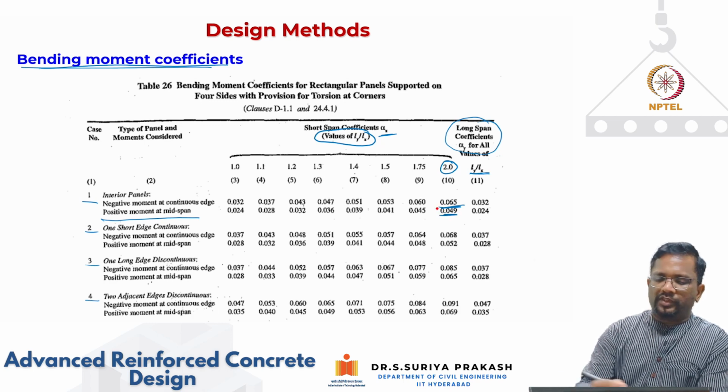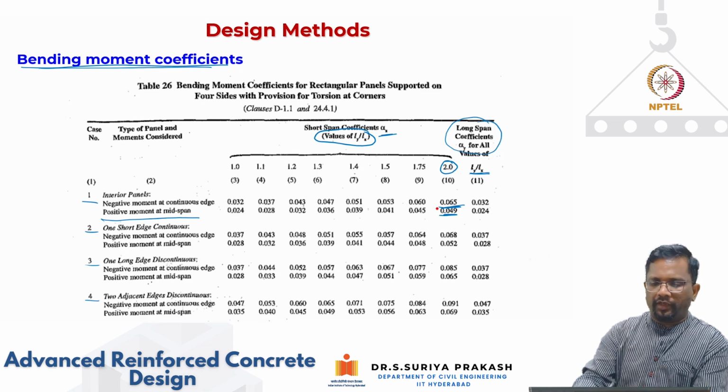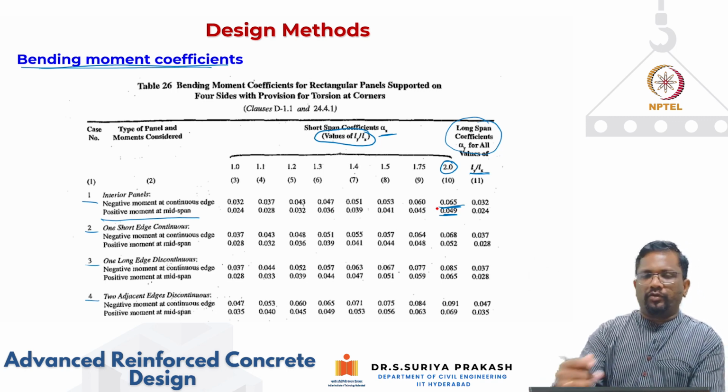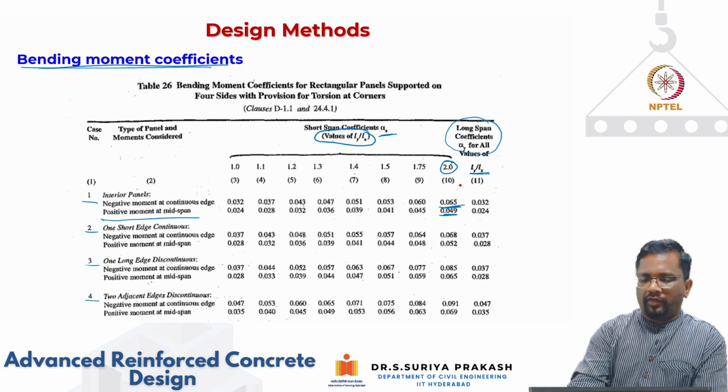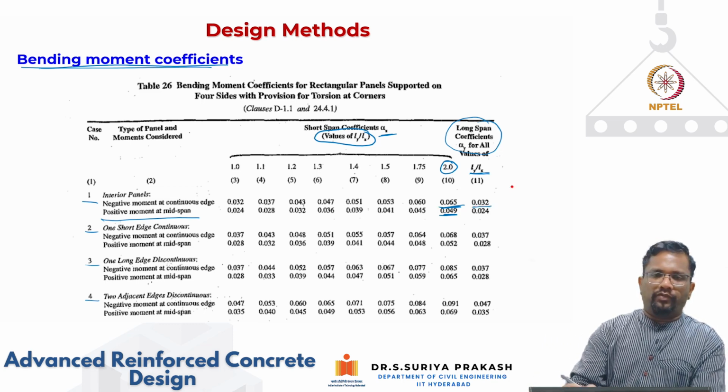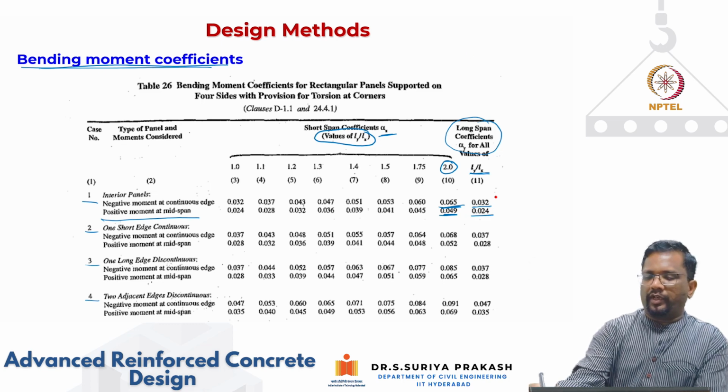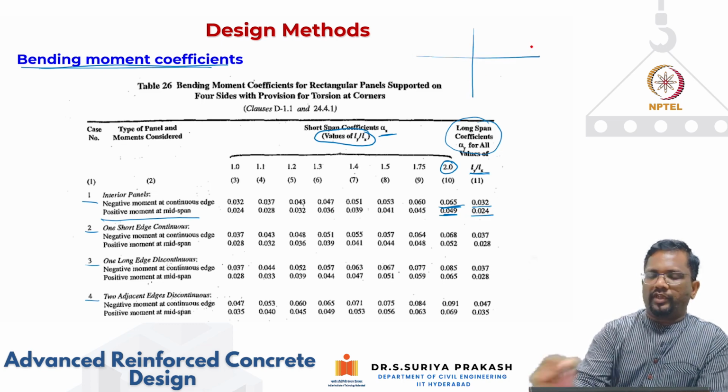These are the coefficients that I need to use for an interior panel when the ratio of Ly by Lx is equal to 2. Similarly, in the long span direction, the negative moment coefficient alpha y is 0.032, and for the positive moment I take 0.024. Right, so I get the moment distribution in both directions like this.